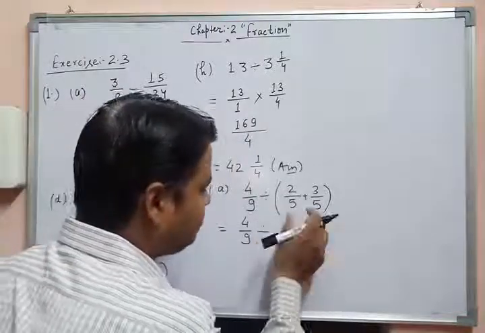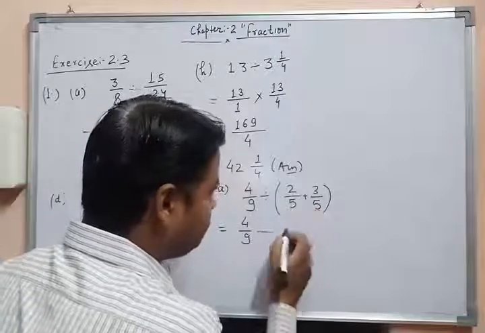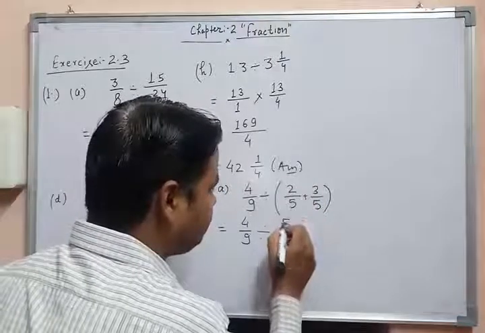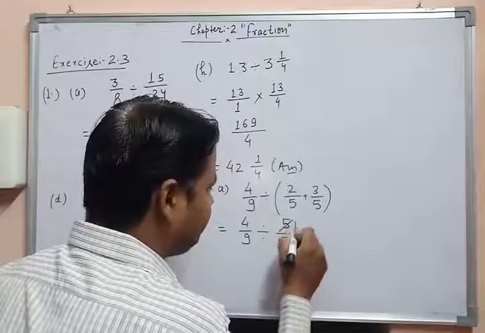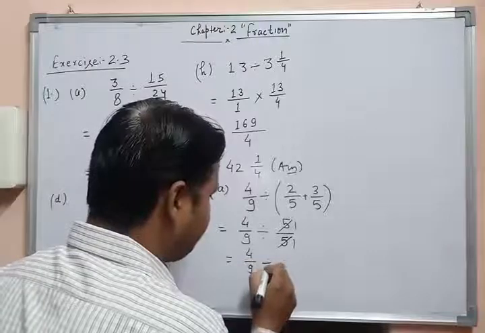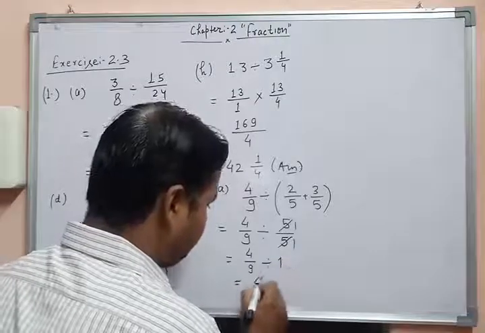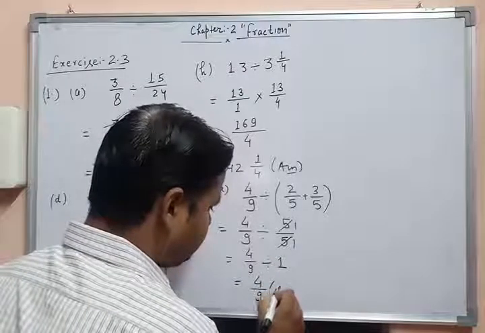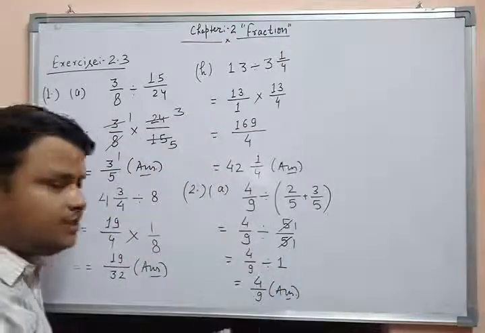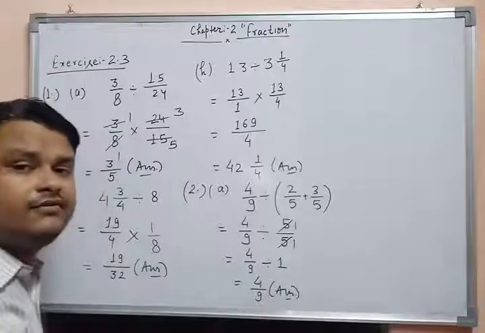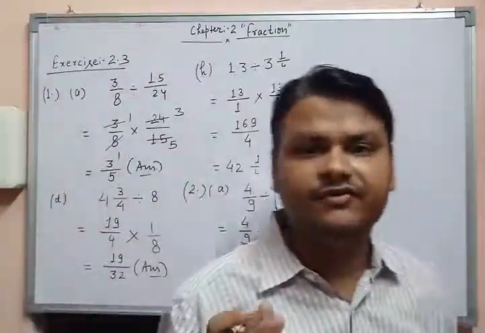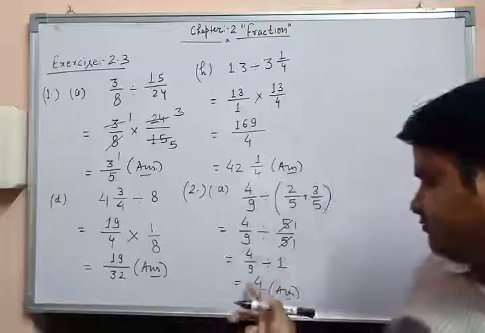So the denominator is 5 and 3 plus 2 is also equal to 5. 5 cancels, then we will get 4 upon 9 divided by 1. So the answer of this question is 4 upon 9, because you all know that if any number is divided by 1, then we will get the same answer.